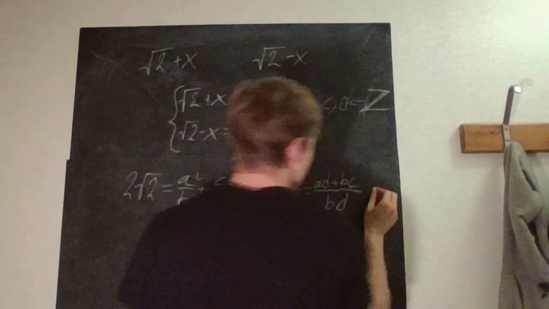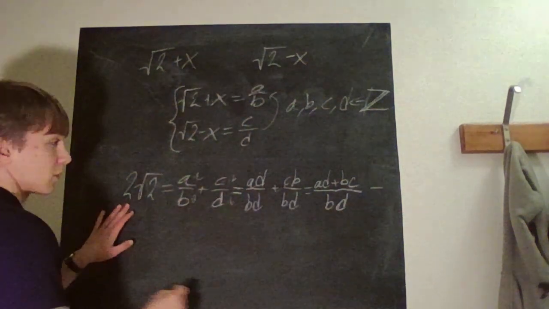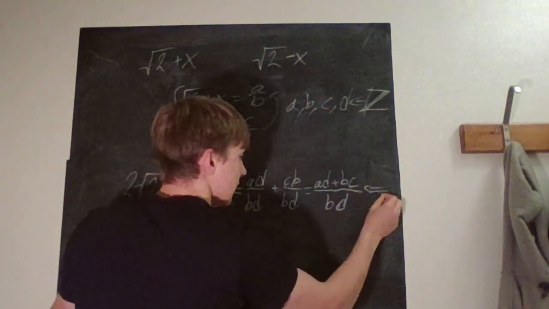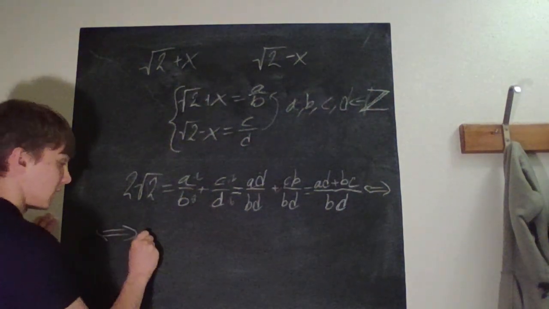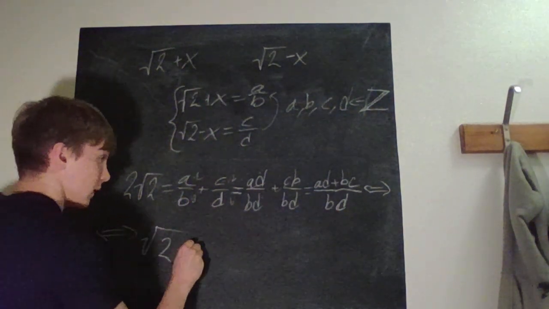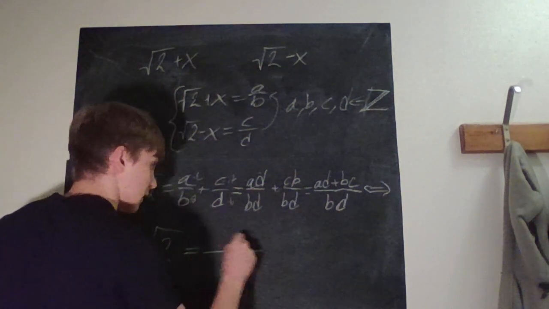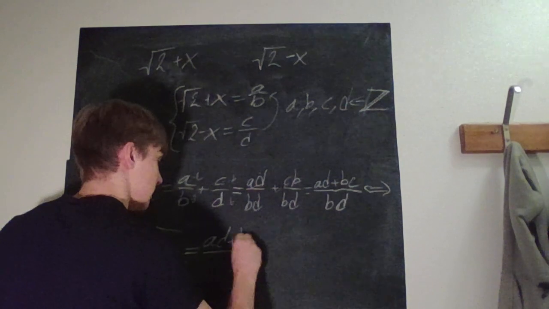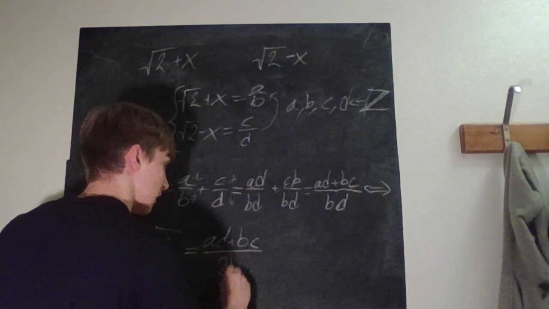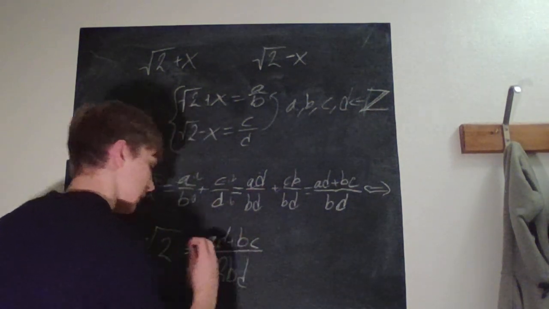And here, now we have a 2 square root of 2 and we have this thing here. And then we just divide both sides by 2. So this means that square root of 2 is equal to AD plus BC over 2BD.